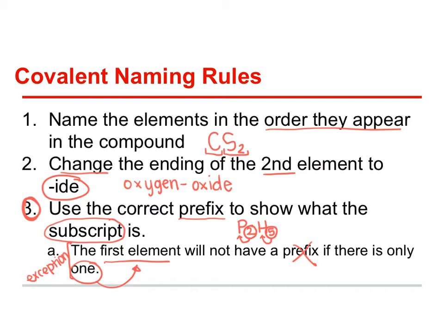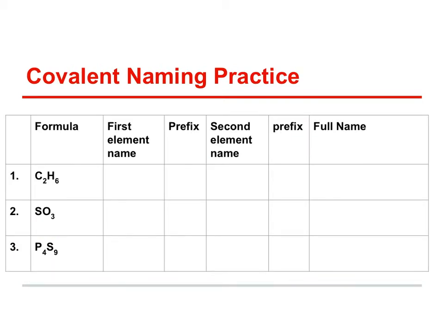So let's look at some examples. I'm going to break it down a lot for these first 3, and then we'll kind of scale it back a little bit for the next 2. So we're going to look at our first element. We're going to do it in the order they come. So our first element is carbon. And there are 2 carbons, and my prefix that goes with 2 is di.